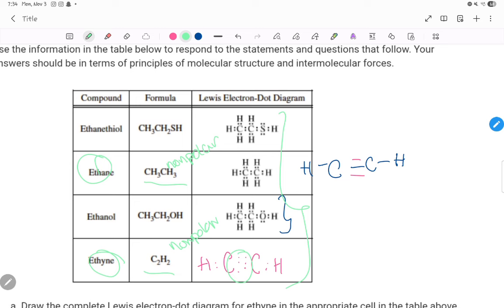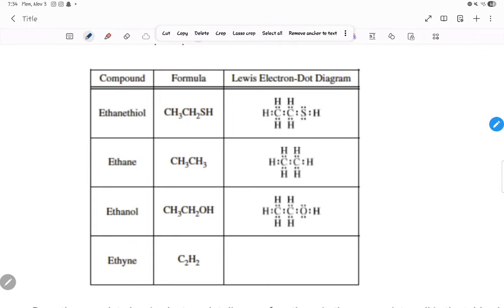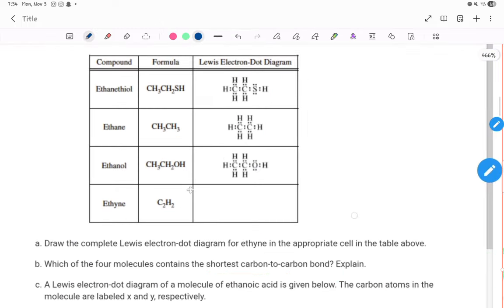Now, they want us to go further into detail. You can either say that because they are both symmetrical, they are both non-polar, or you could say because the bond dipoles cancel each other.